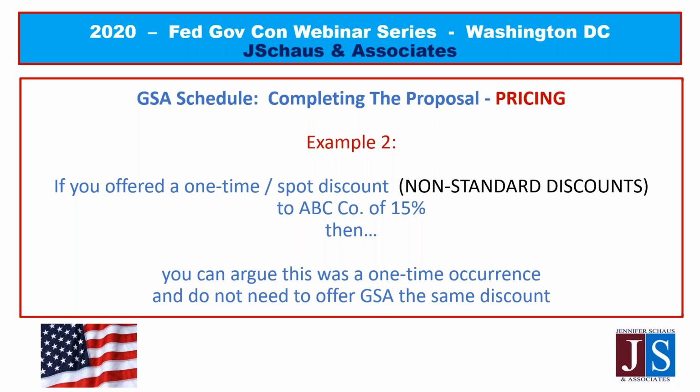But if you have other invoices showing that you typically charge a much higher rate, then you can certainly prove this was just a one-time non-standard discount, and therefore GSA, we go out of business if we gave you 15 or 16% like we did in this one-time occurrence. But your argument needs to be strong and sound, and you will need these other invoices to make your case.